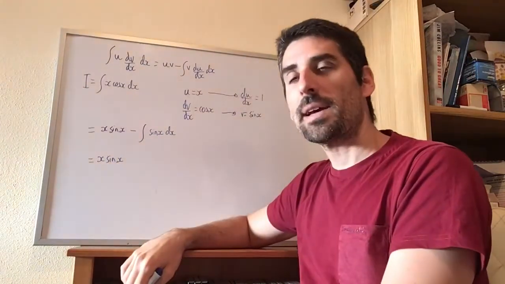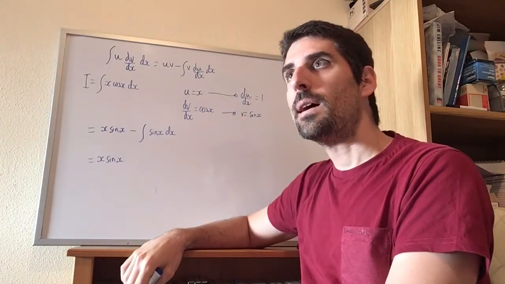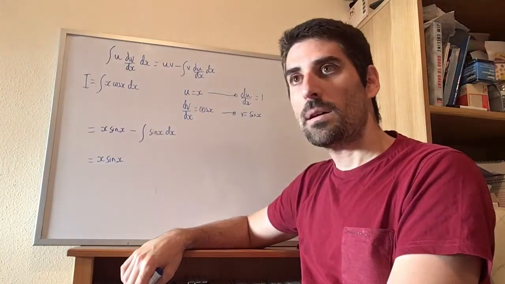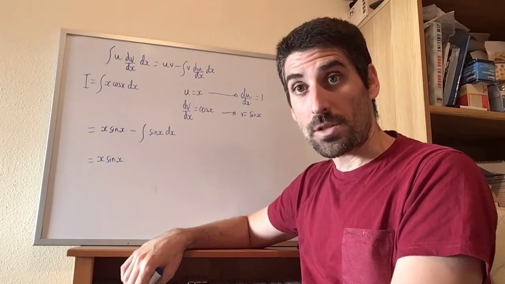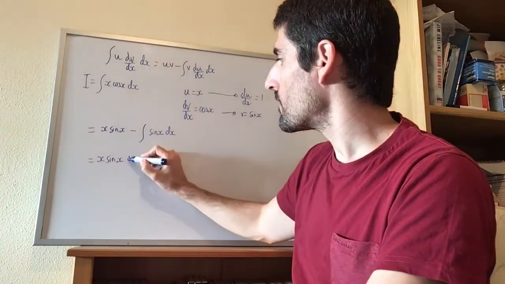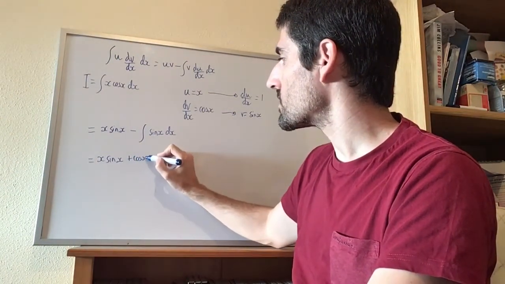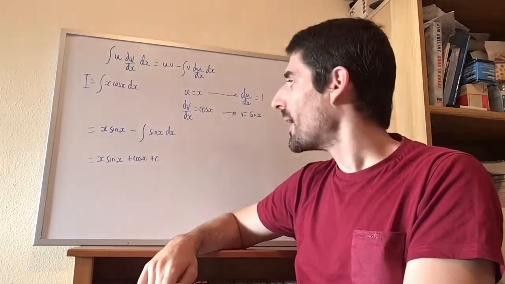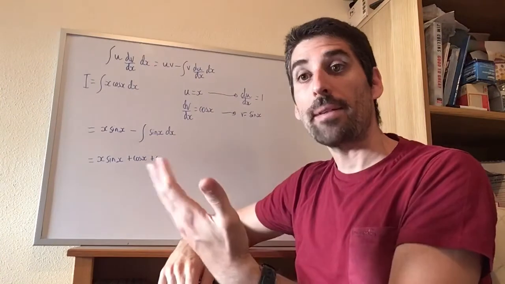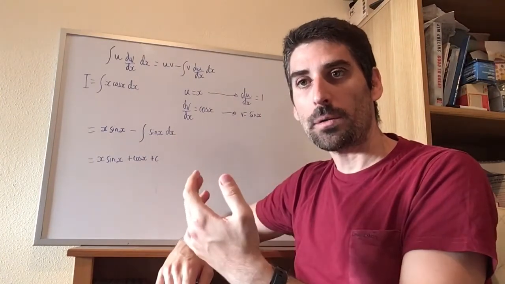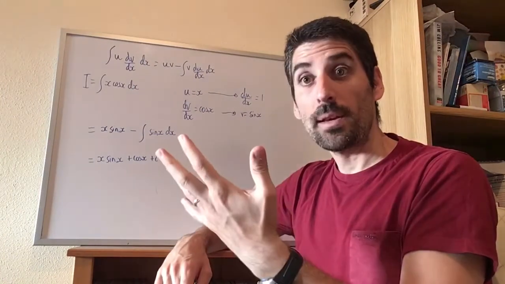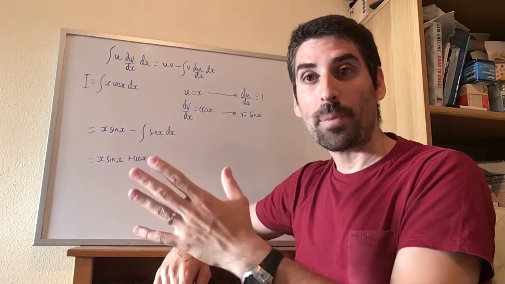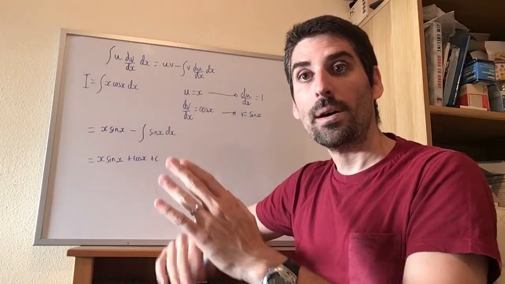The integral of sin x is minus cos x. So I get plus cos x plus c. And that is a first example on integrating by parts. Let's do a couple more and see how it goes.